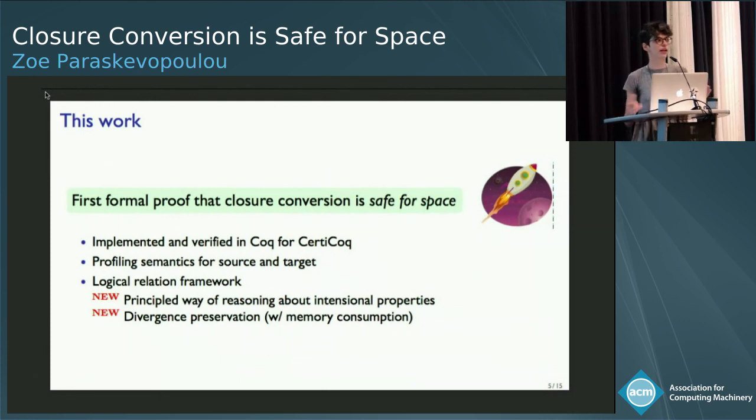Because of this ability to track resources, we can also reason about divergence preservation, and also show that memory consumption is preserved for diverging programs as well. Divergence preservation is something that traditional logical relations cannot handle without complex machinery.